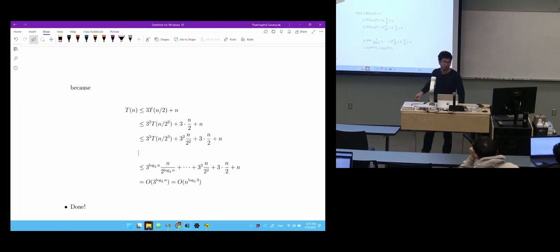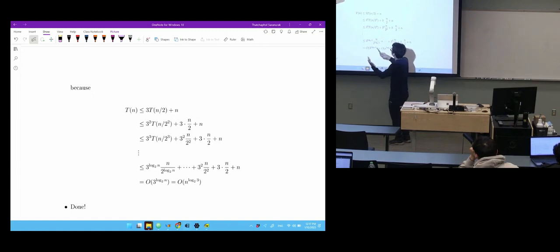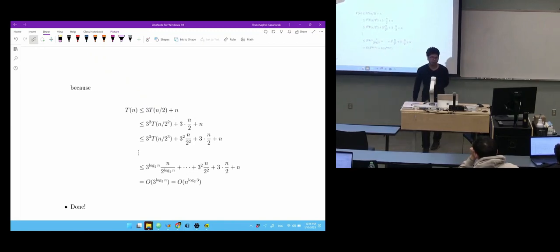You can try to follow it yourself at home. But I really just expand things, do it again and again until the argument inside is 1, and that's when I stop. Once I expand everything, I just sum them up. I get some geometric series, and this term just dominates everything. Just get this, and I'm done.